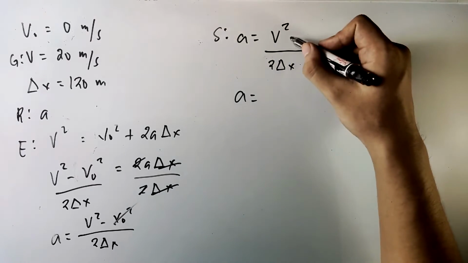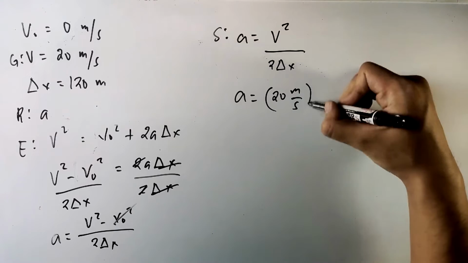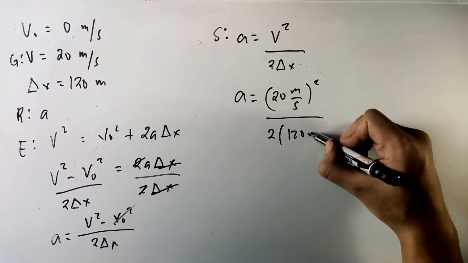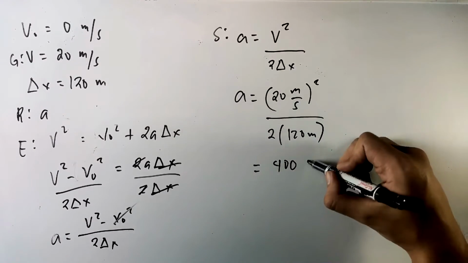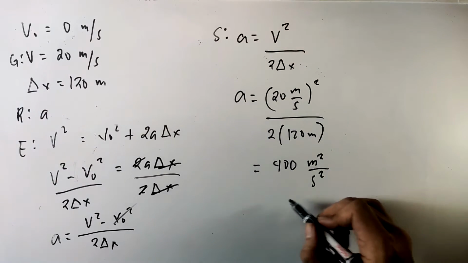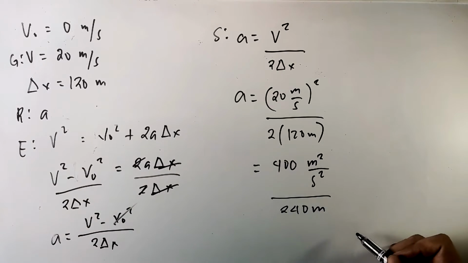So a is equal to 20 meters per second squared, divided by 2 times 120 meters. So this is 400, correct, meters squared per second squared. Don't forget that. Divided by 240 meters.